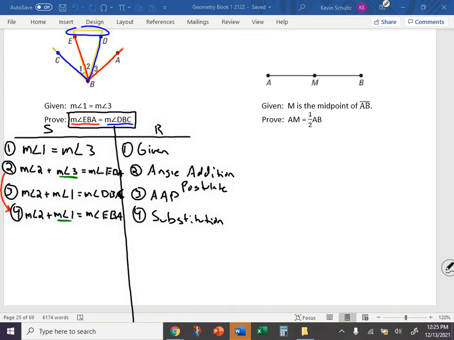So now I've established my two equations, because I rewrote step 2 and step 4. My two equations that I'm working with now are angle 2 plus angle 1 equals DBC, and angle 2 plus angle 1 equals EBA. And I want to say that EBA is equal to DBC.